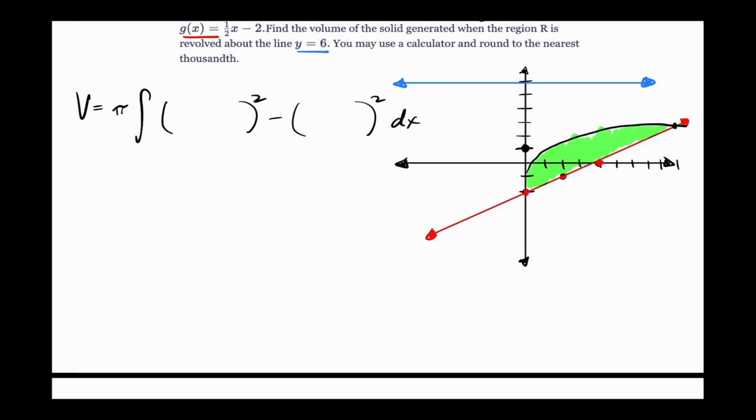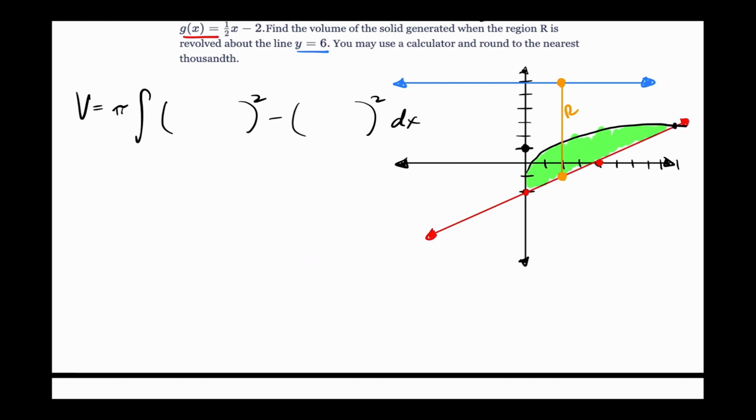Still dx, right? The top's going to be the blue line. Now you're going to go down because that's the only place you can go, right? So big R is going to extend all the way until I reach the other side of the green. That's big R, all right?